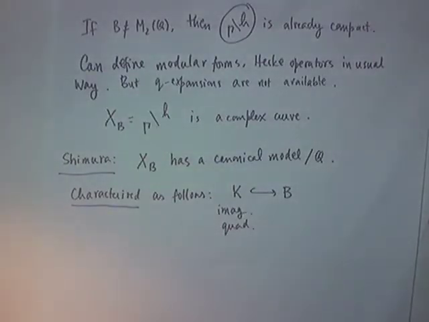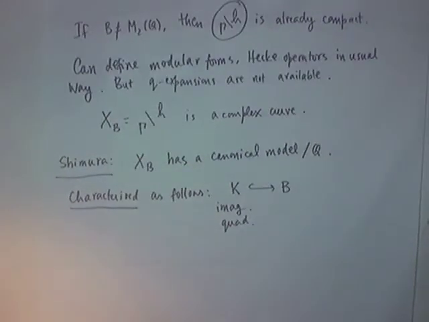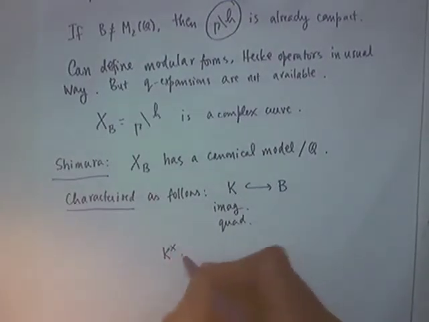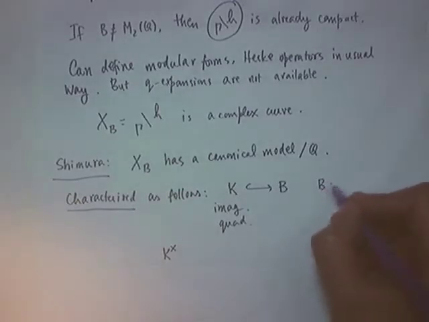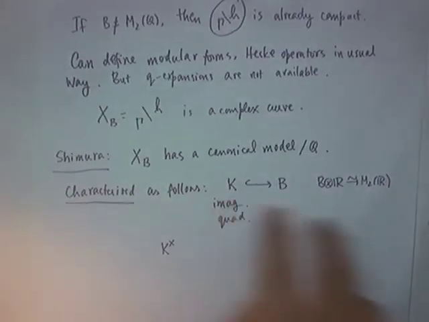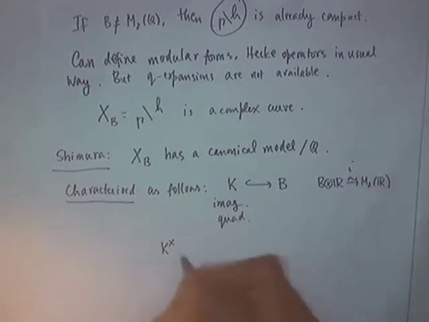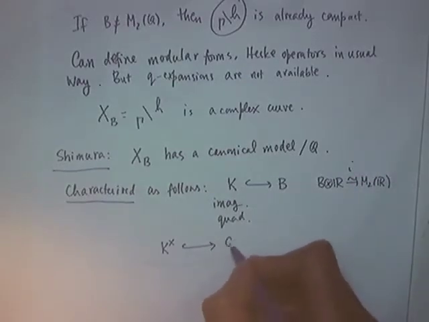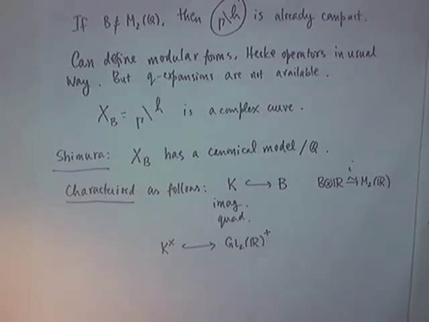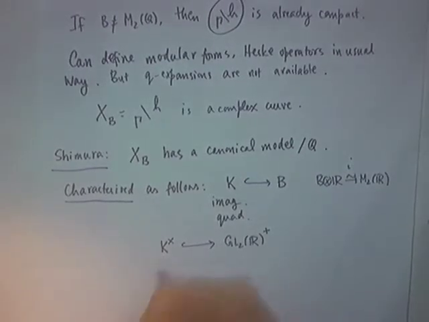You can easily work out which ones they are. So if K embeds in B, then K cross, remember that B tensor R is M2 of R, so you can compose this embedding of K in B with this isomorphism, and that will send K cross into GL2R, in fact into GL2R plus. And it's easy to see that there's a unique fixed point of the action of K cross.